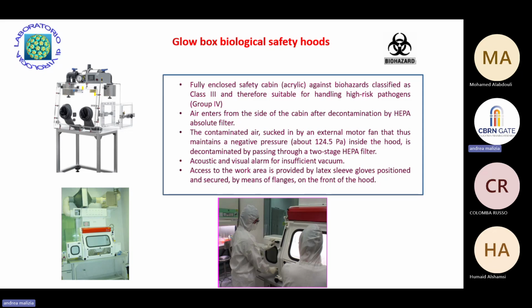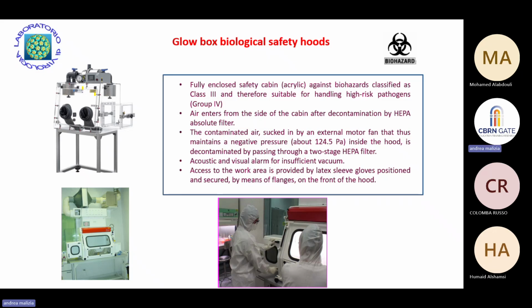In this cabinet there is an alarm in case there are problems. The sample enters here. Here there is a person that works.